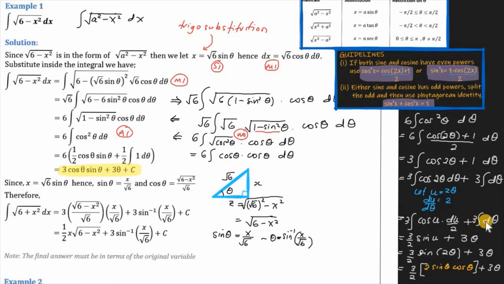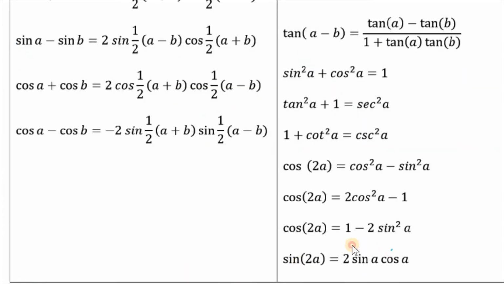Integrating cosine u, we can easily read from the formula list, we get sine, okay, so 3 on 2, and then for this part, integrating 1 d theta is theta. And here, okay, as we replace back the u is sine 2 theta. But if you notice, the answer here is a single theta. So what happened is, sine 2 theta, look into your formula list. Okay, sine 2 theta is 2 sine theta cos theta. Let me show it. So for the trigo identity given to you, sine 2 theta or sine 2a is 2 sine a cos a.